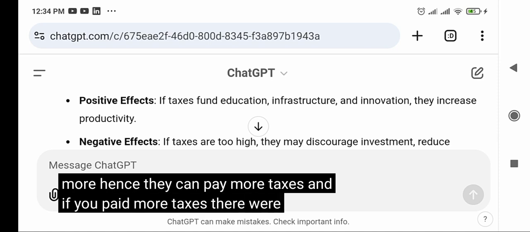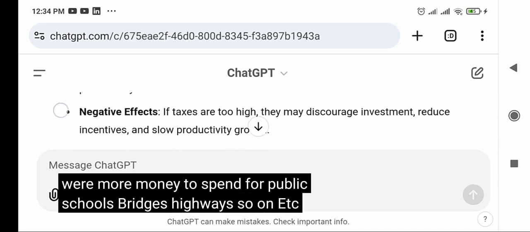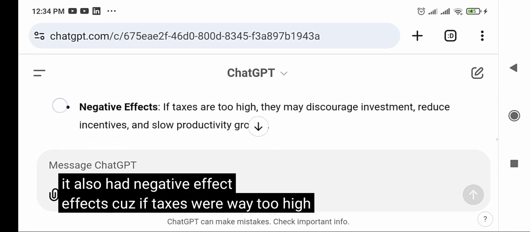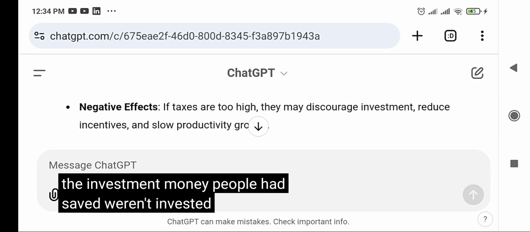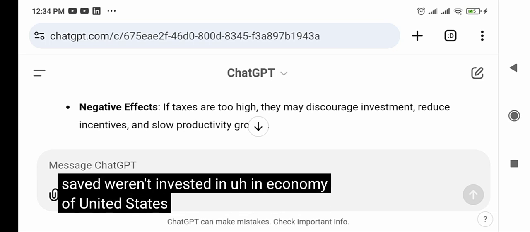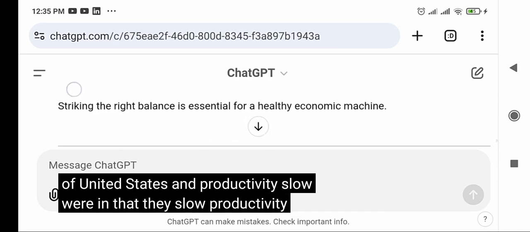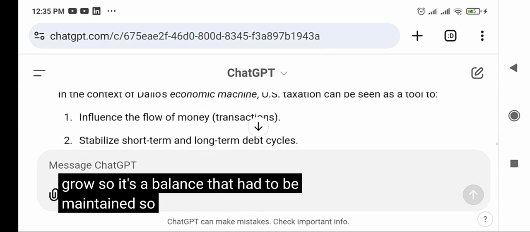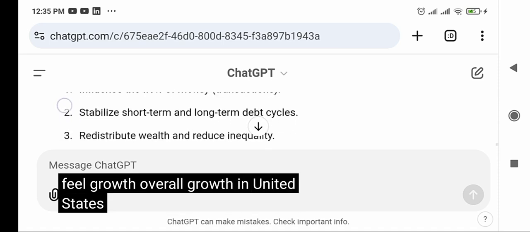And if they paid more taxes, there was more money to spend on public schools, bridges, highways, and so on. But it also had negative effects, because if taxes were way too high, the money people had saved wasn't invested in the economy of the United States, and that slowed productivity growth. So it's a balance that had to be maintained, so you can really feel overall growth in United States society.